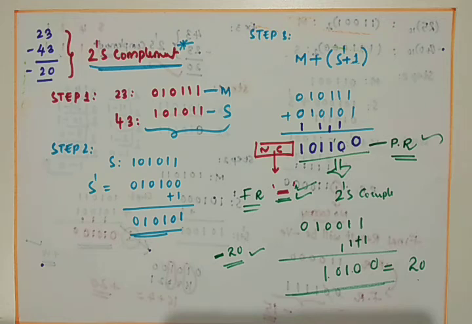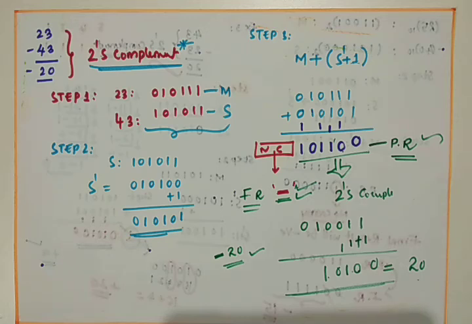So in this way we can apply the complement arithmetic in obtaining the subtraction in the form of addition. Here the point to be noted very clearly is that computers find difficulty in performing subtraction, so they perform the subtraction in the form of addition by using the complements.